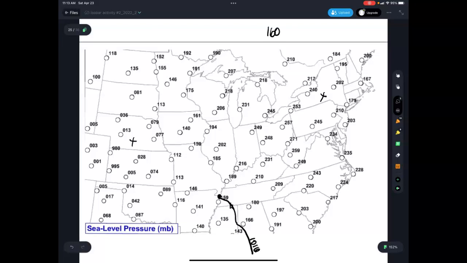Okay, so now let's see where we go now. 160. I can't go between 112 and 159 to the left because 160 doesn't fit there. So I have to go this direction, closer to 159. Kind of in the middle, really close to 161. I can't go between 161 and 175 on the right because 160 doesn't fit in that number range.